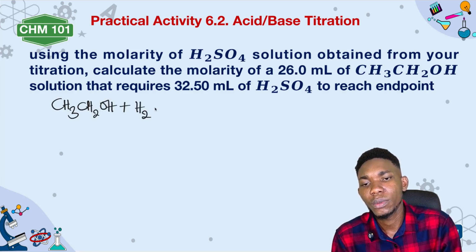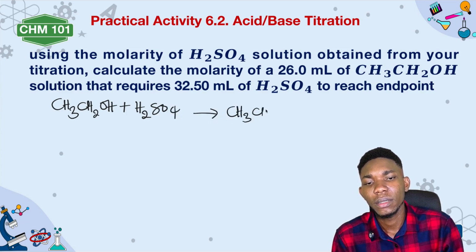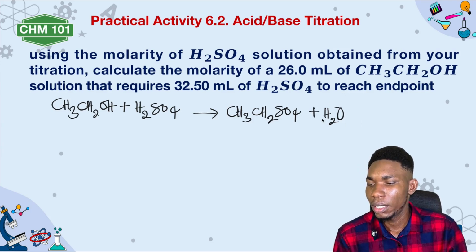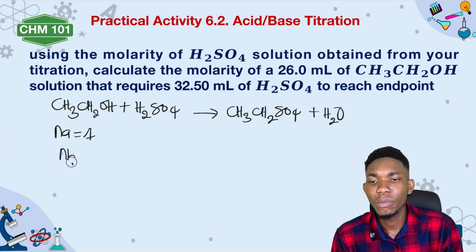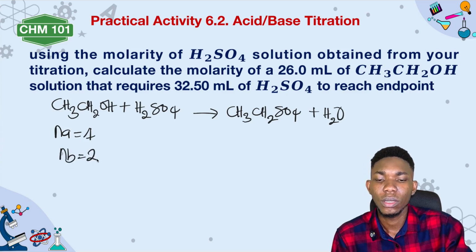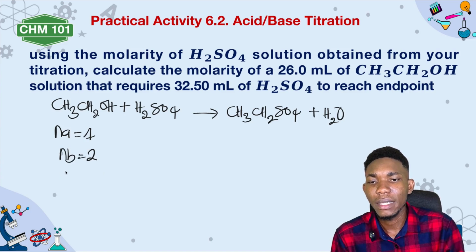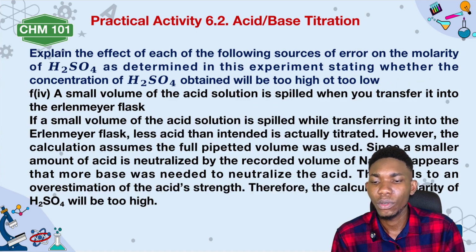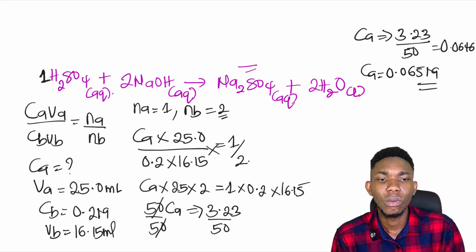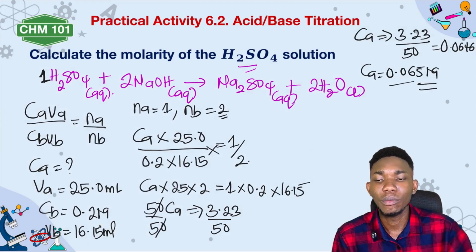So plus H2SO4, this will give us CH3, and then here will be what? SO4 plus H2O. Is that okay? Now, from this equation, our Na is 1, our Nb is 2. All right? Now, our Ca, concentration of acid, is what we just calculated, which in this case was 0.065 molar.